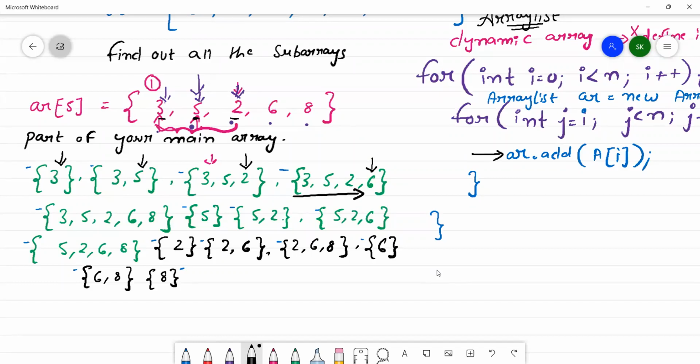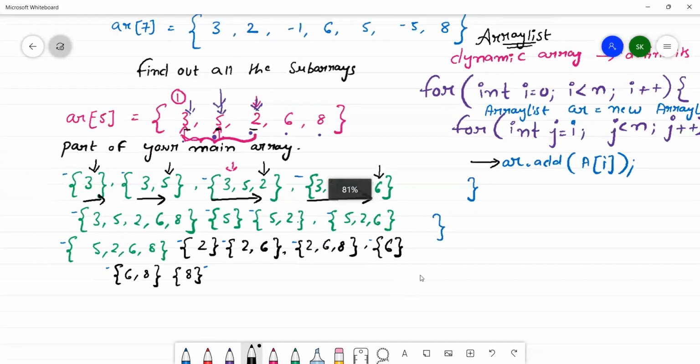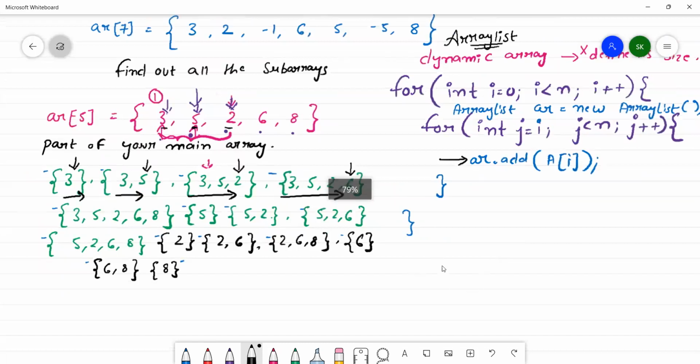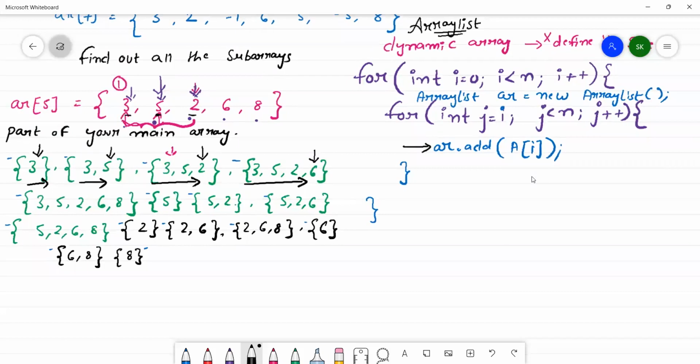We are not getting these individual ArrayLists. Able to follow this? So what can we do for that, so that we get all our ArrayLists?